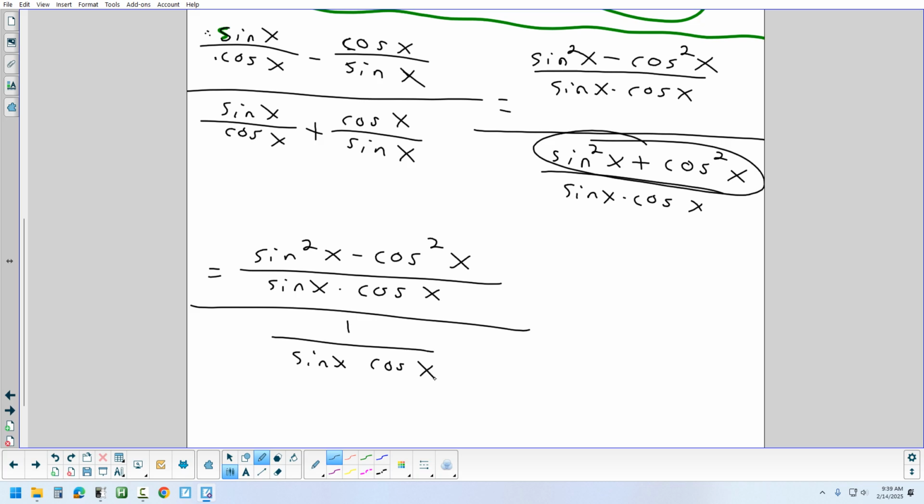Now, because we are dividing two fractions with the same denominator, these denominators would cancel out. And now we're left with sine squared minus cosine squared, which I'm not crazy about having.